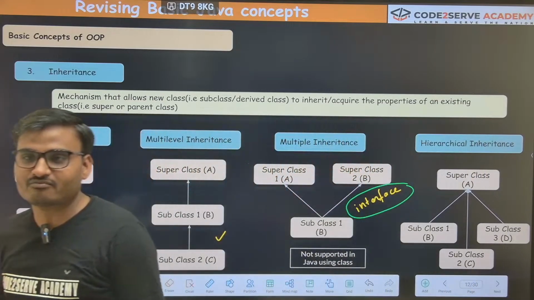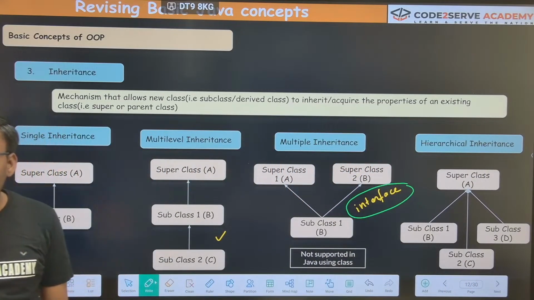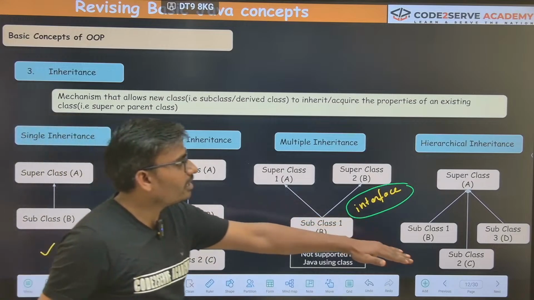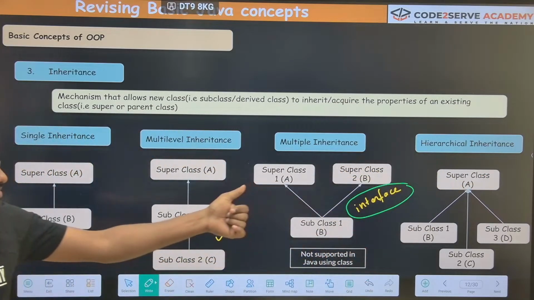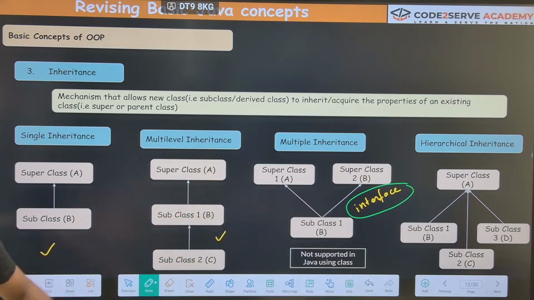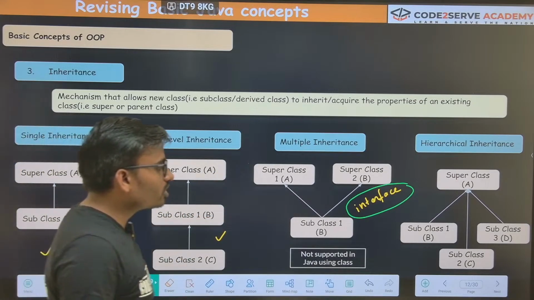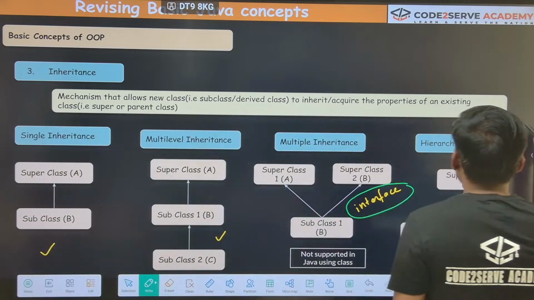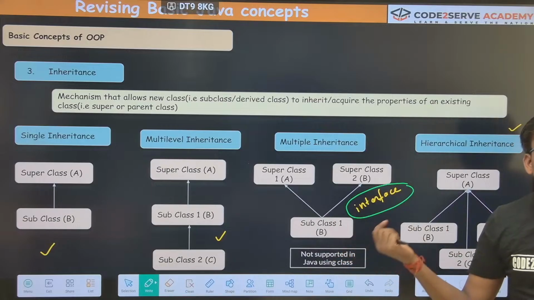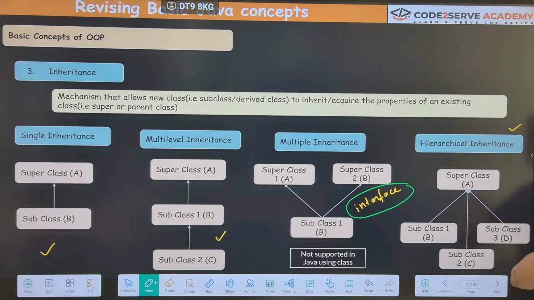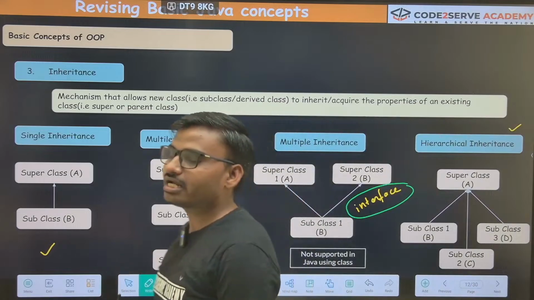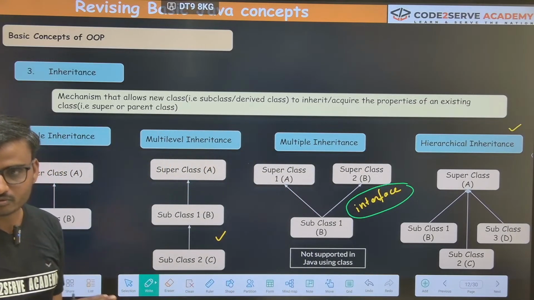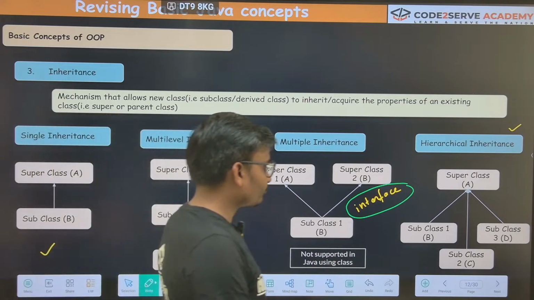Suppose you have brothers and sisters, all brothers and sisters are inheriting from a single parent. So that is a hierarchical inheritance. Got my point? So this is also supported in Java. There are other inheritance types also, but they are beyond your syllabus. That is why I'm not going deeper into it, but at least this much you should know, right? Next.